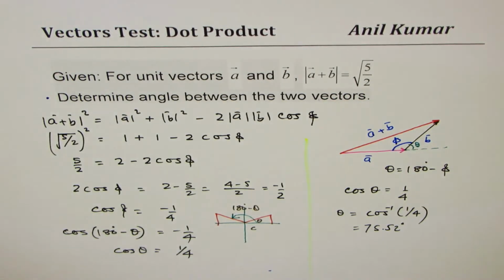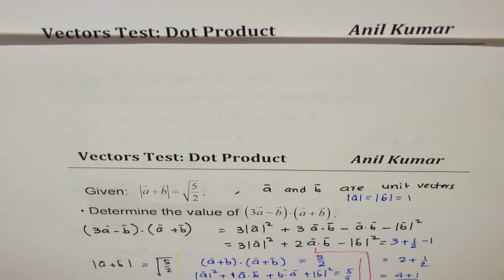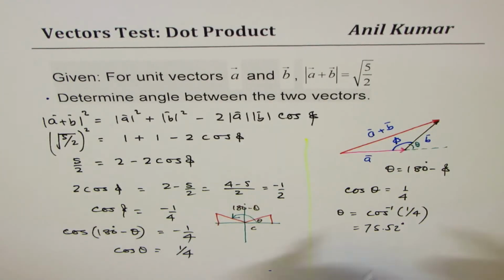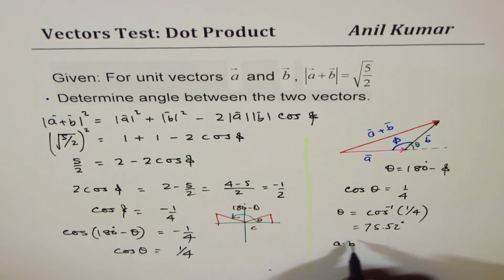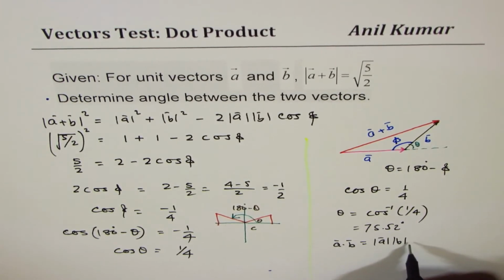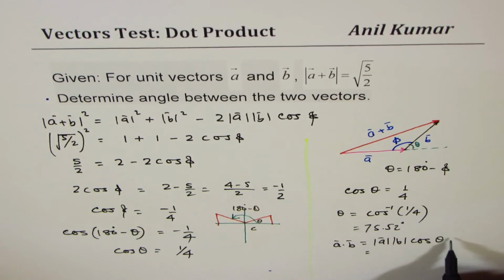Now if we combine this example with the dot product example, then you could use the concept that A dot B is equal to magnitude of A times magnitude of B times cos of theta, right? So you don't even have to find the angle. 1 over 4 will work, correct? So in this case, it will be 1 over 4. You get an idea.